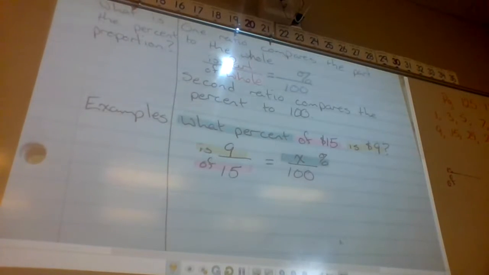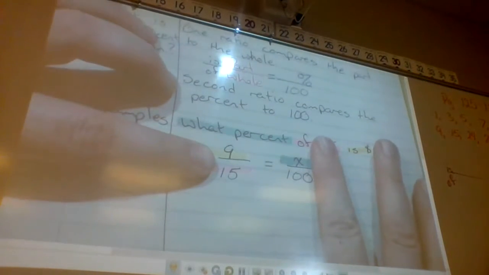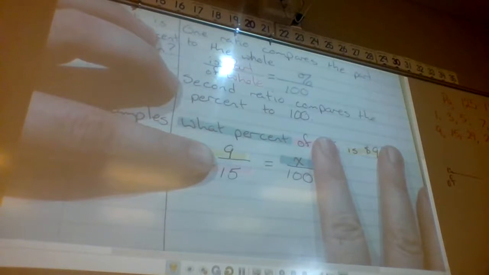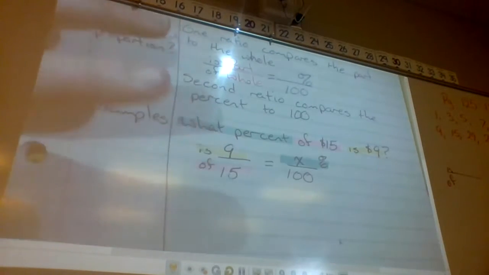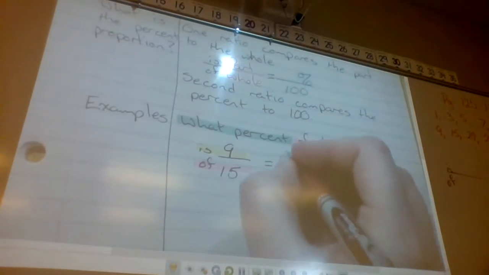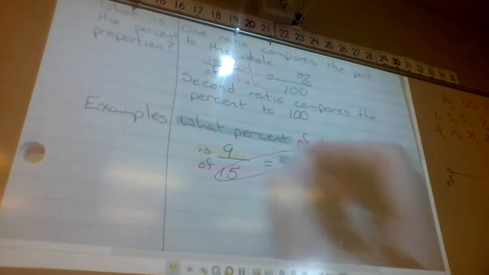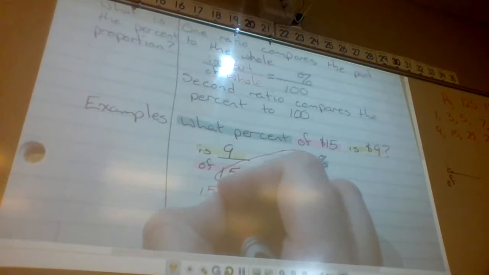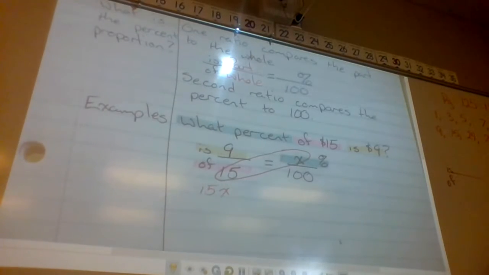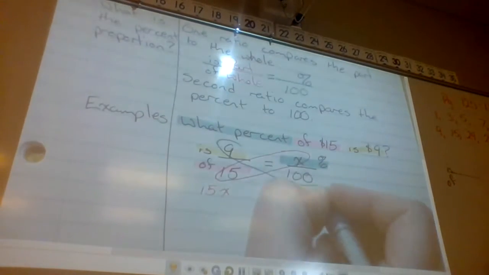Now, if I cover up these labels, does this look familiar? At this point, we're going to do what Angel already looked at a poster and said: we solve using cross products. So we are going to multiply. What is 15 times X? 15X. What is 9 times 100?